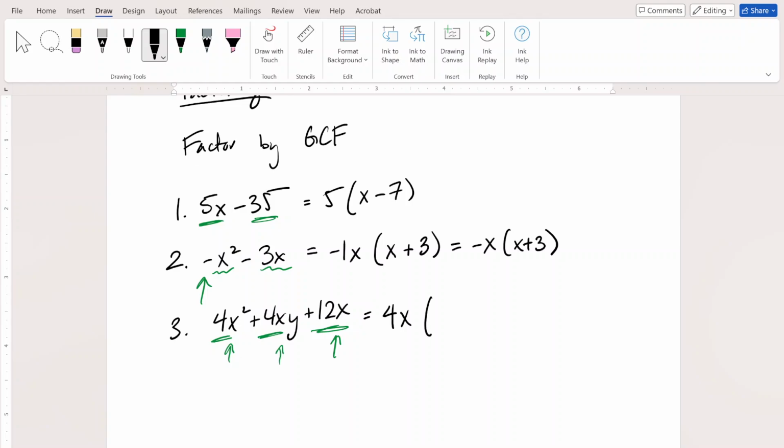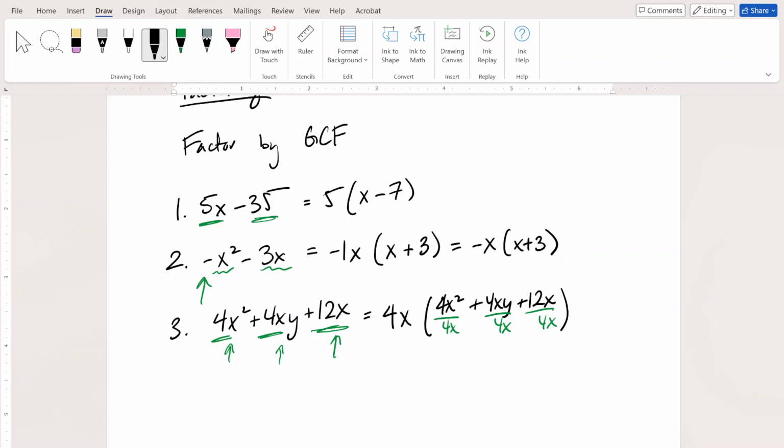If I take out a 4x, if it helps you to not think the way that we've been doing it earlier, I could do this instead. Write down 4x squared plus 4xy plus 12x. And then whatever you decide to be your GCF, I'm going to divide by your GCF for each of those terms.